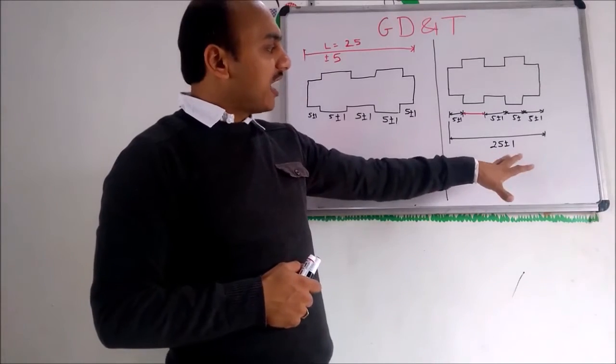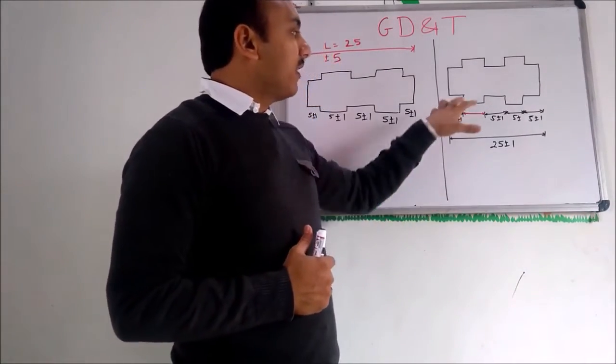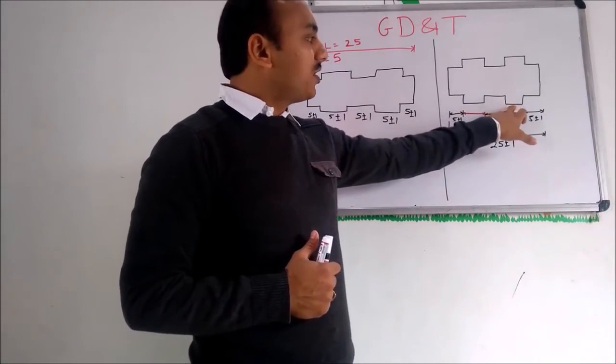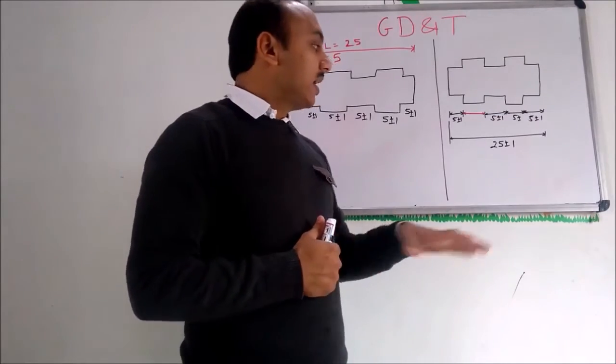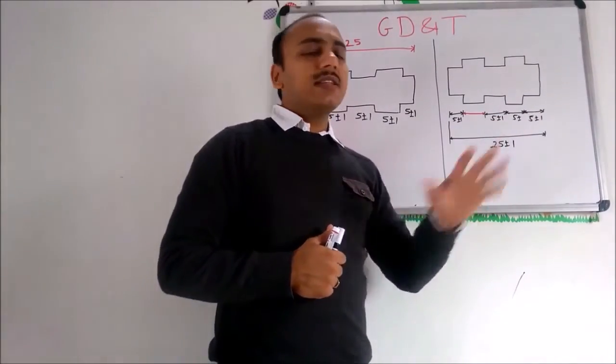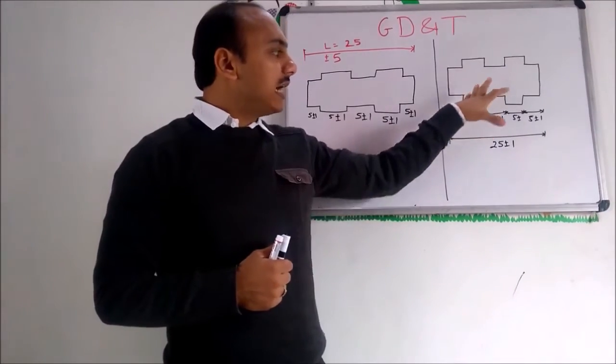This is a mixed kind of dimensioning. In this I have defined the important features, like this feature, this and this one. I have defined 5 plus or minus 1. Then the overall length is also given, that is 25 plus or minus 1. Then what about this feature that I have left?